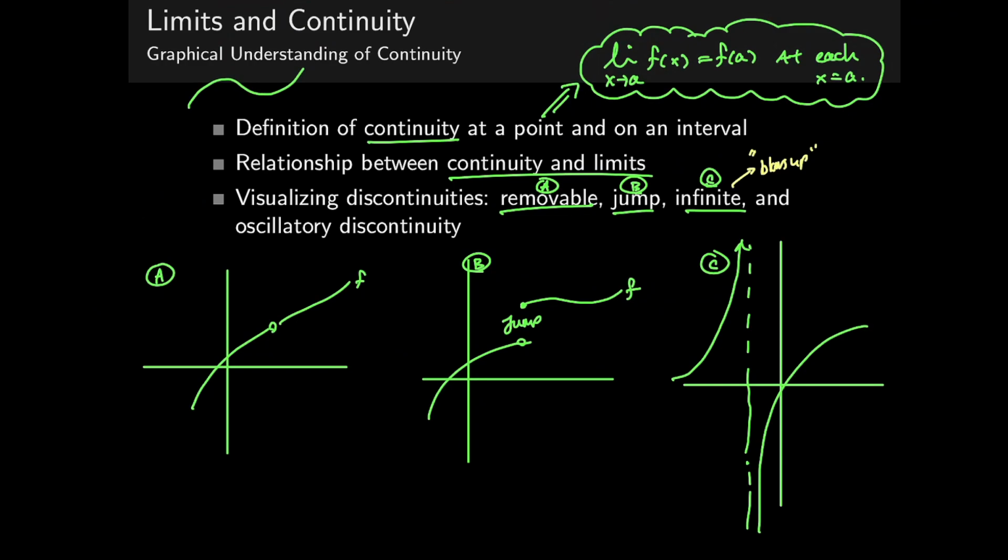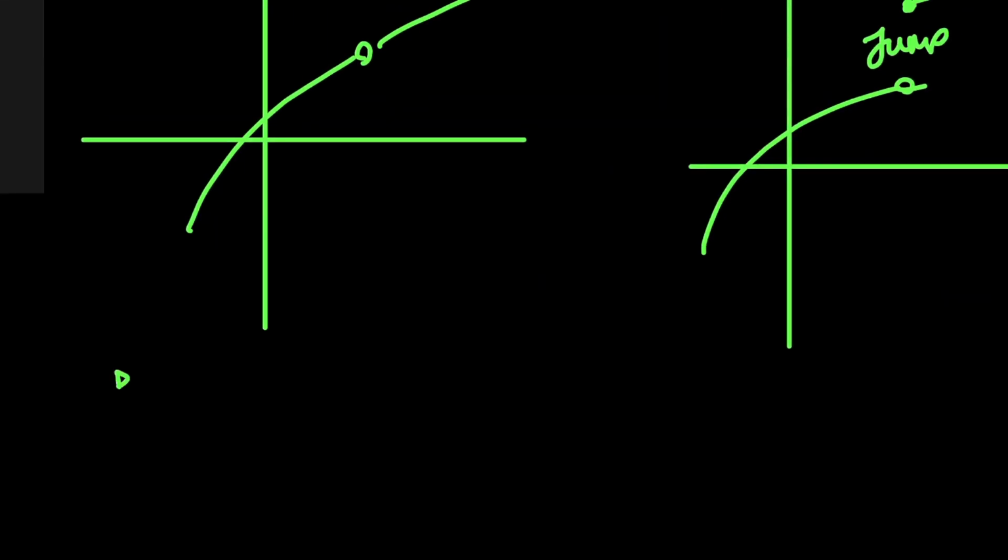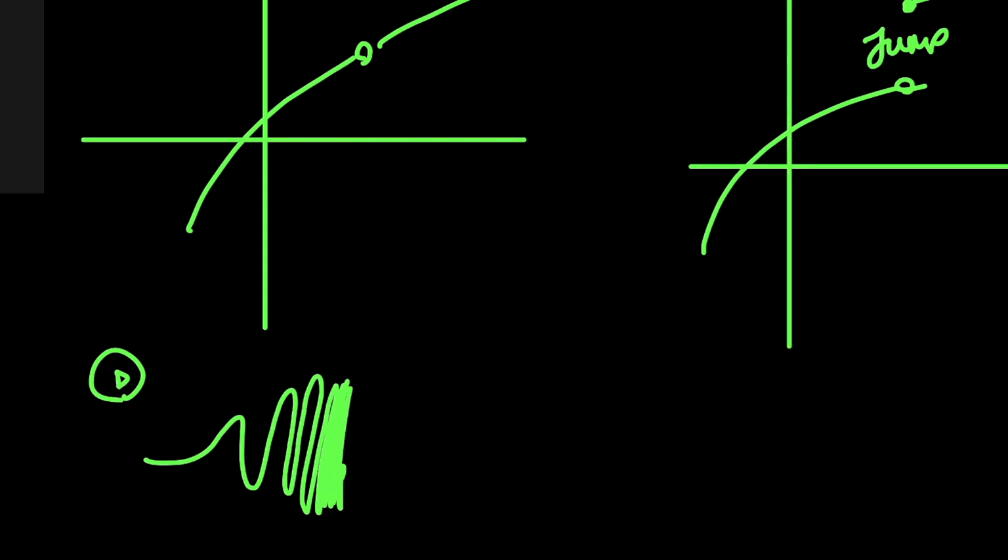And then one that's a little more rare, but it does happen, is what we call an oscillatory discontinuity. A function might start to oscillate faster and faster to the point where you really can't tell in the middle here whether it is this value down here or this value up here, or whether it looks like two values at once because it's flopping back and forth so fast.